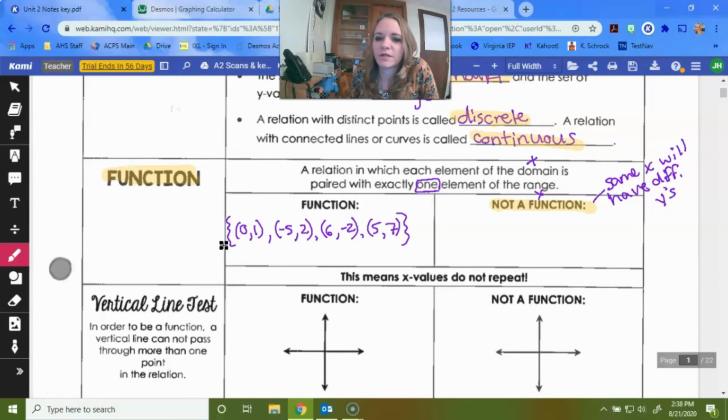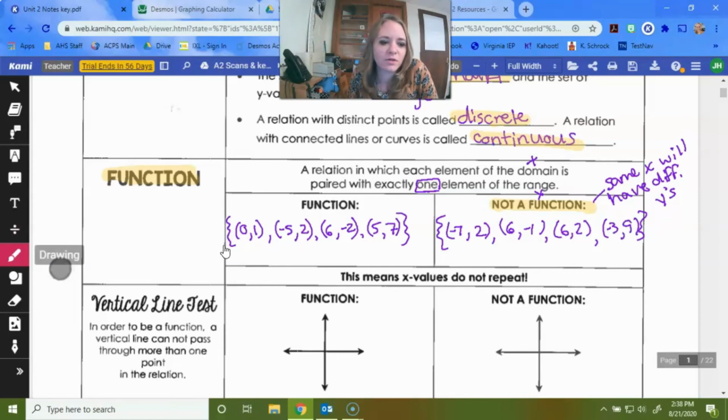Okay, so an example of not a function. Again, I'm going to do 4 coordinates. Alright.